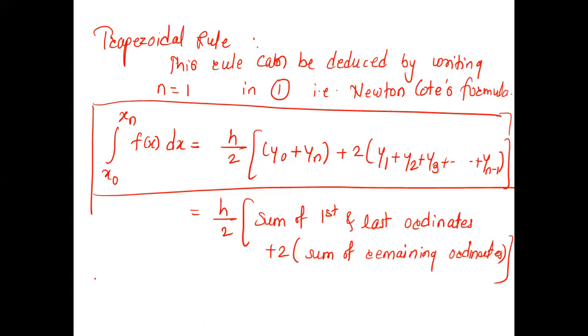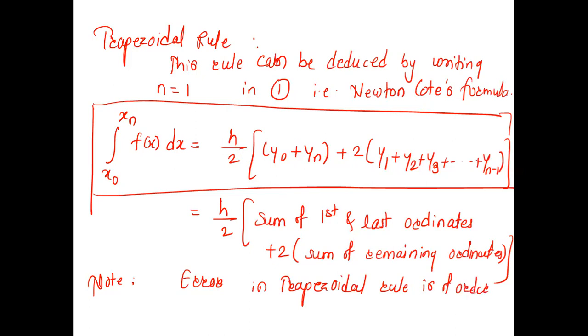The note you can write: error in the trapezoidal rule. The error in this rule is of order h square.